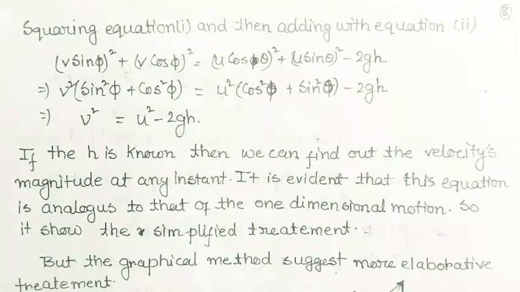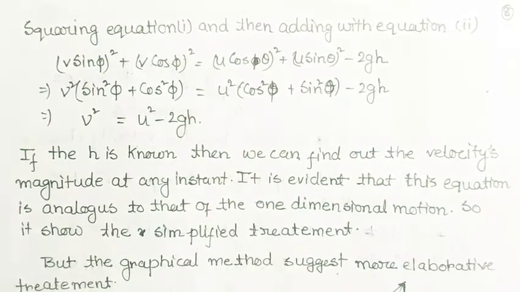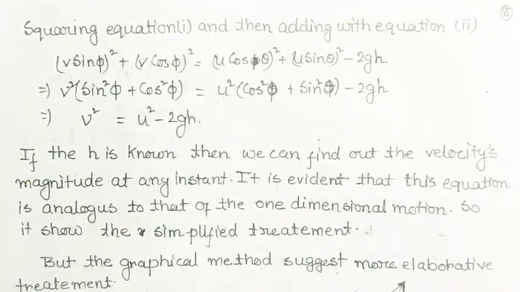You need not know the angles, or if the angles are given in the question, you should not use them. Why would you use them? Because this angle is not needed. So one thing, just keep a note in your copy. If at any instant in projectile motion, at a particular height, it is asked what the velocity of the particle is at that height, you will use this formula. You would never ask about the angles. Okay.